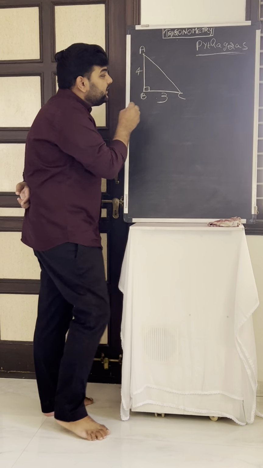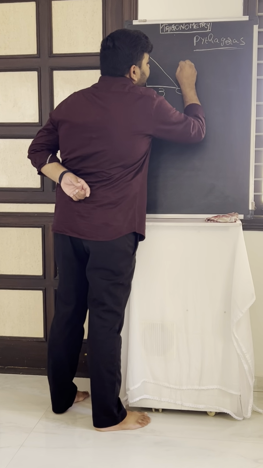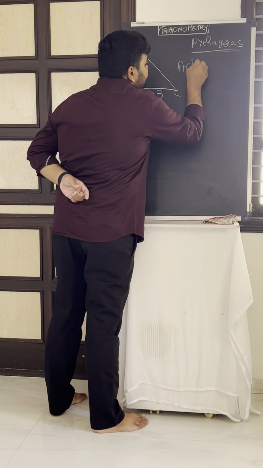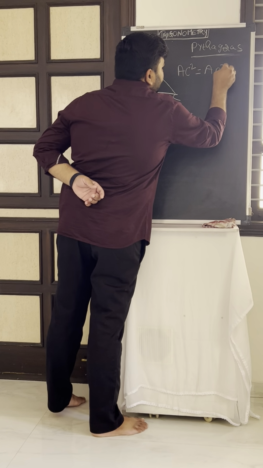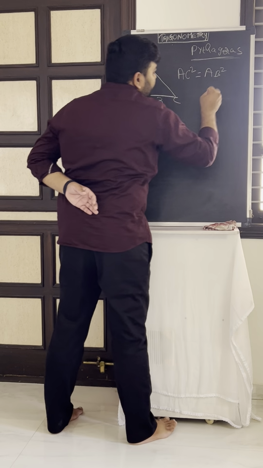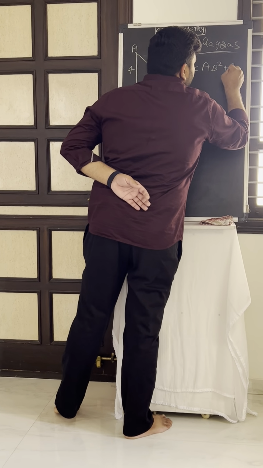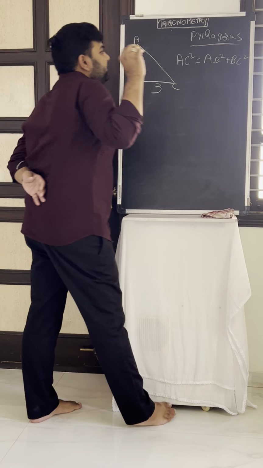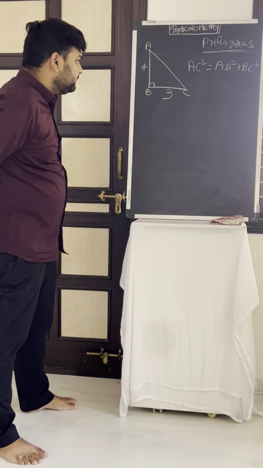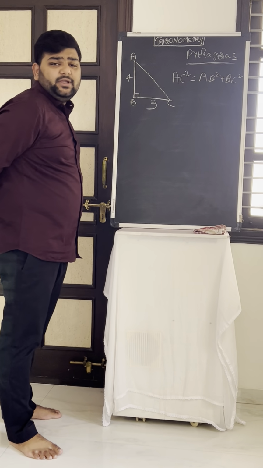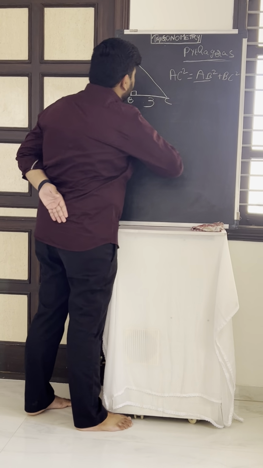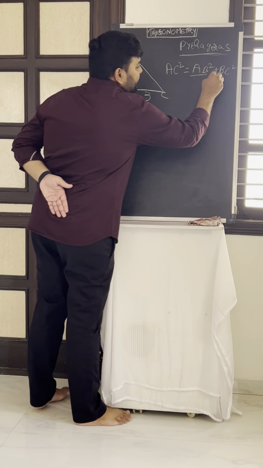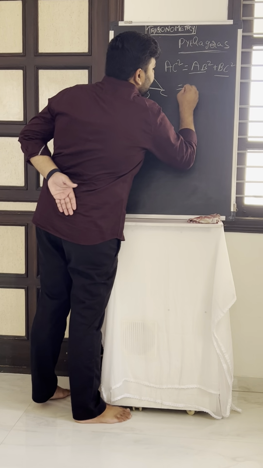What is the Pythagoras theorem? It says that AC square is equal to AB square plus BC square. Now, I have the value of AB and the value of BC. Put the values of AB and BC in this equation.